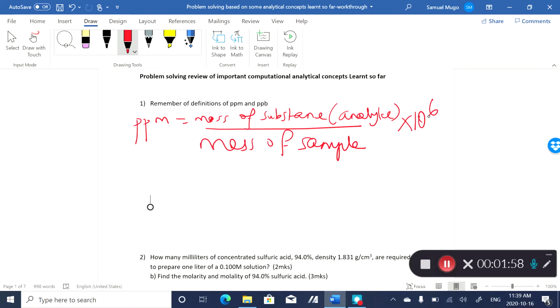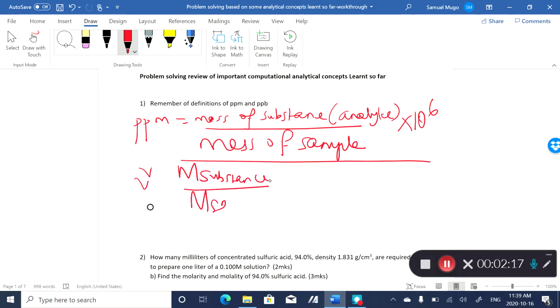And maybe somebody would ask, where did this come from? This whole concept comes from multiplying this equation by the density. So take note of this: the mass of the substance, divided by the mass of the sample, multiplied by the density, which is often in grams per mL. It's going to give you whatever it is in grams per mL.